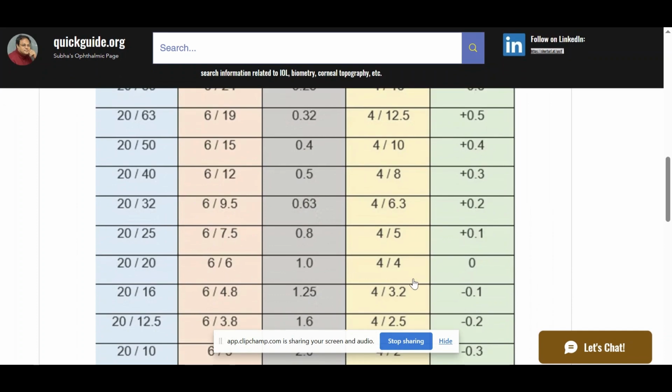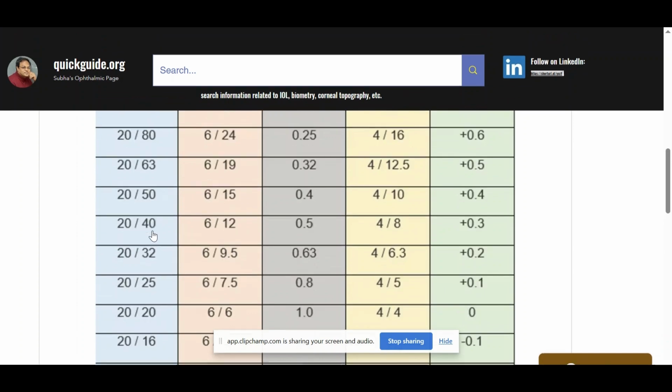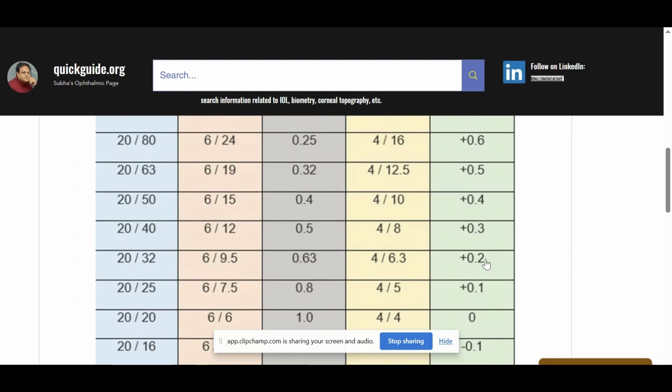So 0 logMAR means 6 by 6 vision, that is 20 by 20, right? 0.1 logMAR corresponds to around 6 by 7.5 and 20 by 25, and so on and so forth. You have 0.2 logMAR as 20 by 32, 0.3 logMAR as 20 by 40, right?